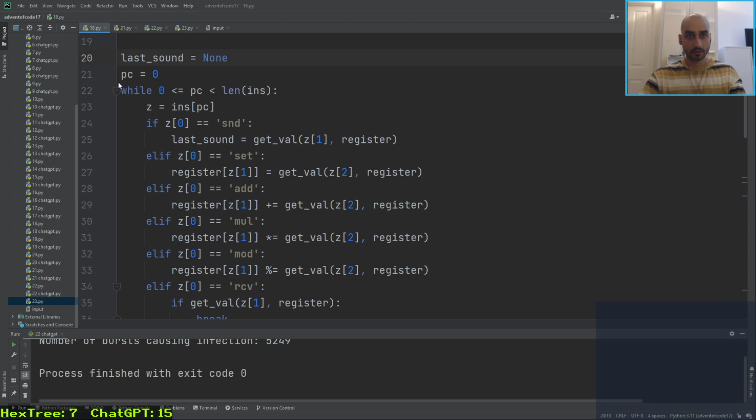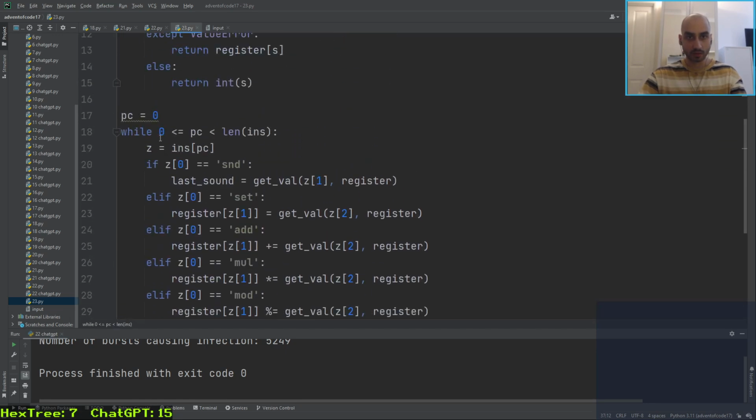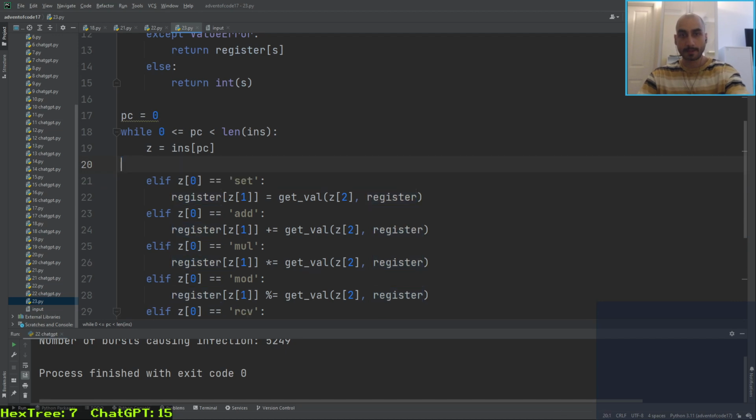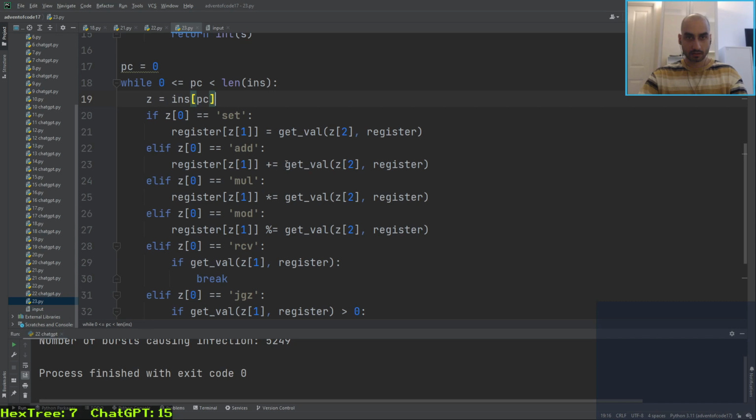Right. PC equals 0. Okay, so we copied this whole lot, but we can discard some of these instructions. So that one we don't need. What did we keep? Set, sub, mul, J N Z. Set. Well, there's no sub. Okay, we can change add to sub. Mul.